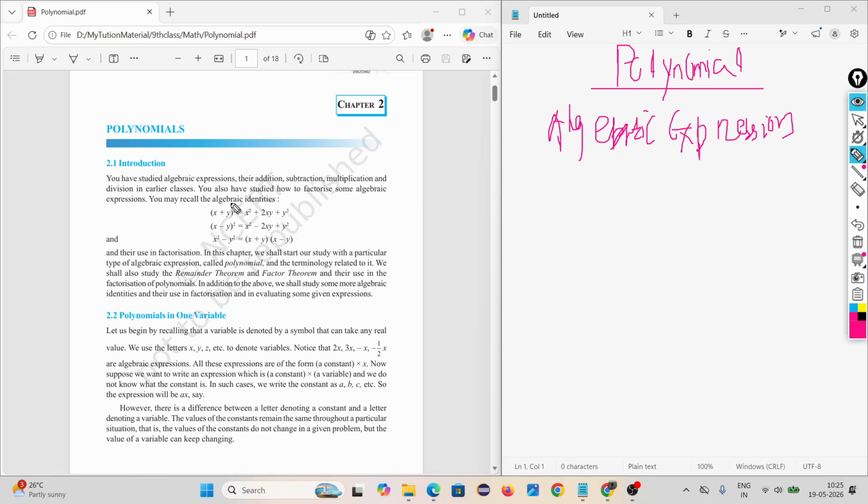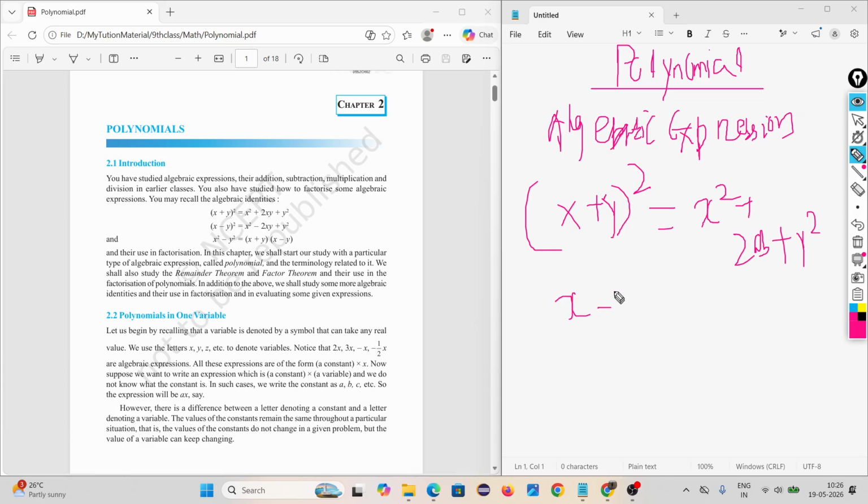You may recall the algebraic identities, like in your 8th class you know this is an identity. Identity means necessary. Okay, (x plus y) square. So we know (a plus b) square is equal to a square plus 2ab plus b square. This is one of the identities.